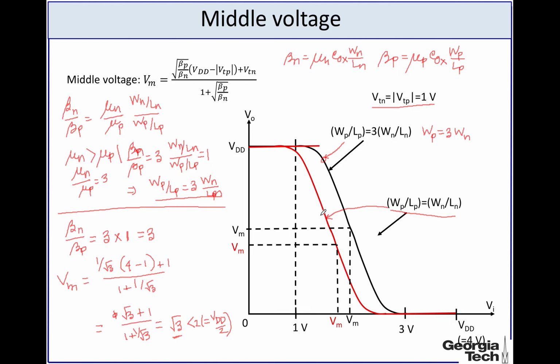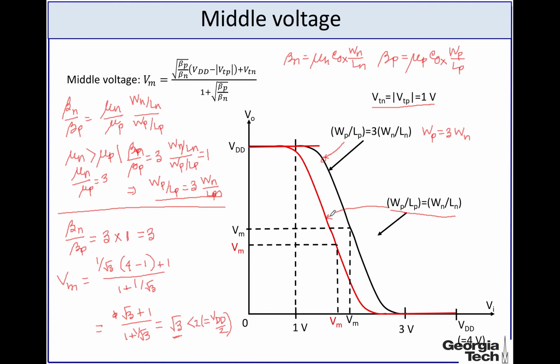Again, this means that if the N MOSFET and P MOSFET have the same width to length ratio, the voltage transfer curve will not be symmetric, rather it will shift to the left and the middle voltage will be smaller than VDD over 2. Now what we have said previously is that we want a symmetric voltage transfer curve because that ensures that you get the maximum noise immunity for the inverter characteristics.